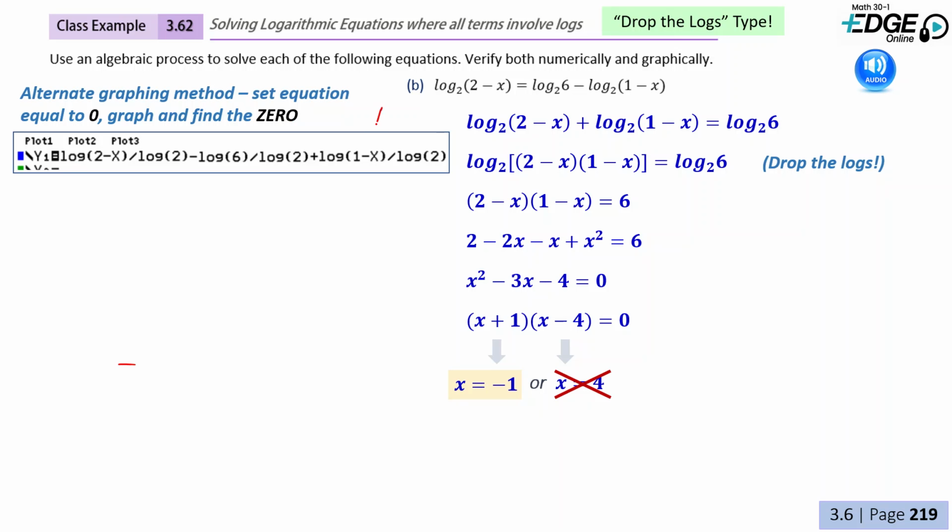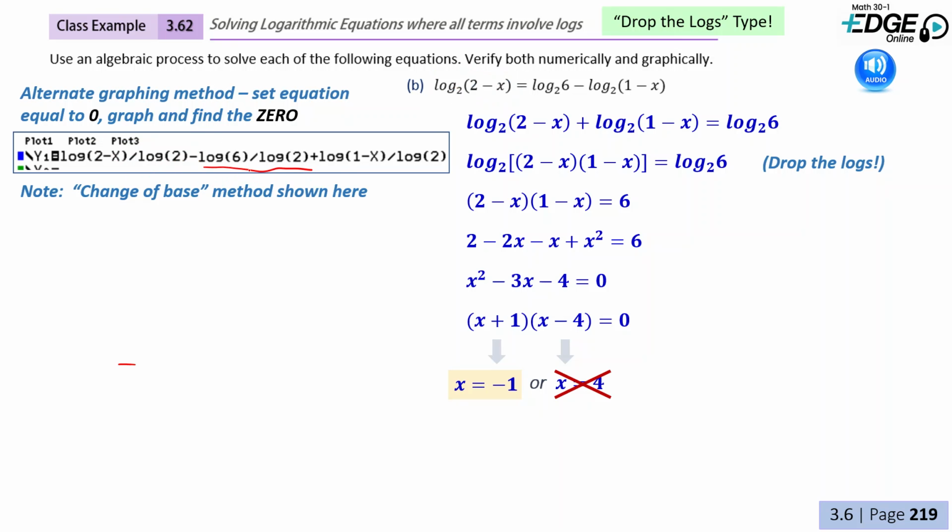Now, this might look really confusing, but what we've done here is just show this with a change of base method. Let's look at this first part here. Log of 2 minus x over log 2. Well, that's just this part, right? If you had an older calculator, you might use that method.